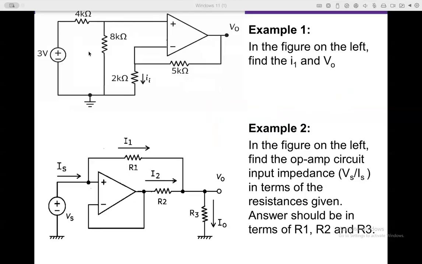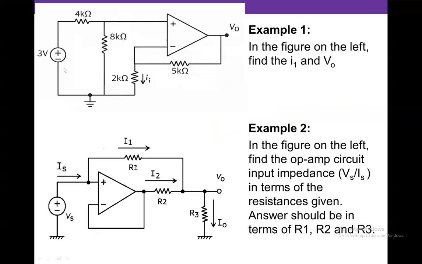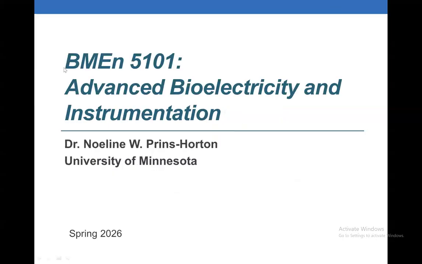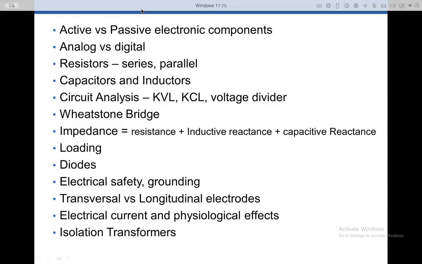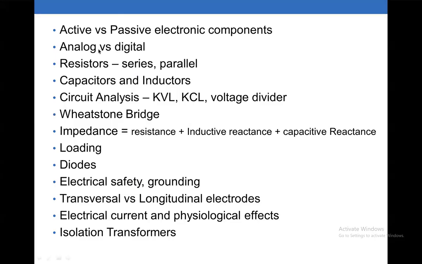You should, in theory, be able to do circuits, but in practice, you would need to have done quite a bit. Then we talked about, we started with active and passive components, analog versus digital. You might remember those. Then we did the Wheatstone bridge.